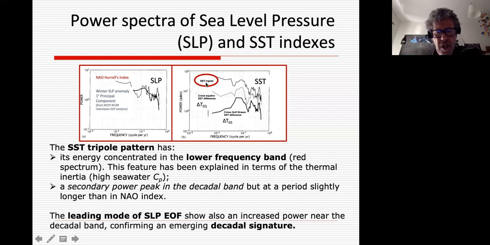So we have a power spectrum of the SST tripole, which has a similar long-term variability, but there is a secondary power peak in the decadal scale at a slightly longer period than the NAO index, which already has this pattern, which is also present in sea level pressure.